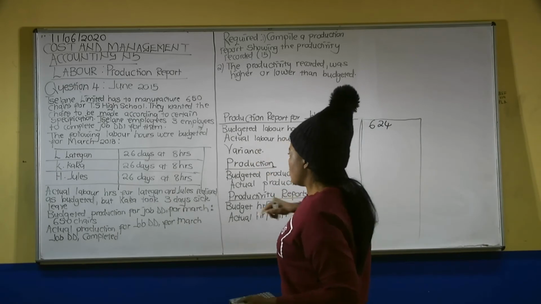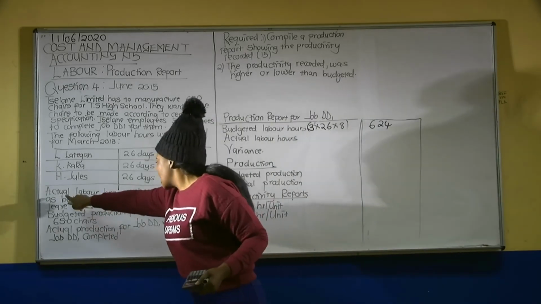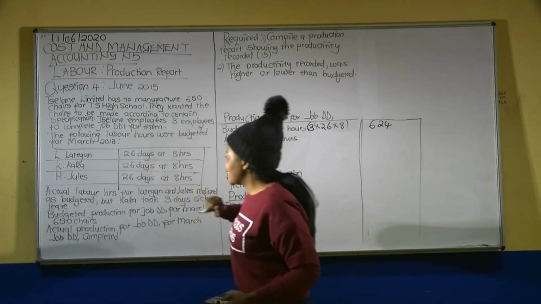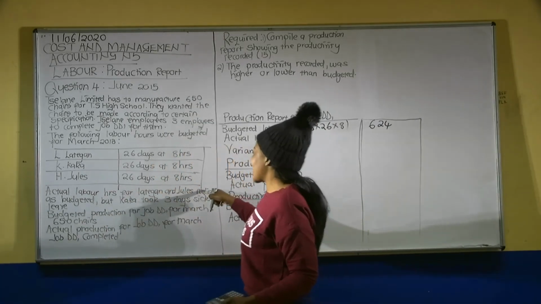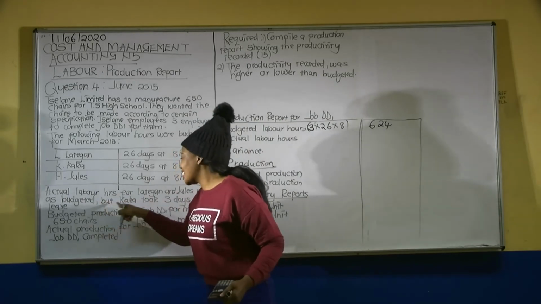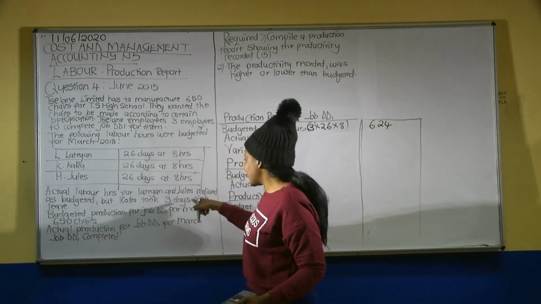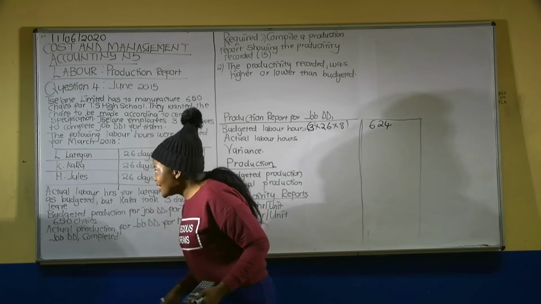Then actual hours. How many are the actual hours? You find out in this transaction, where it reads that actual labor hours for Latejin and Jules were realized as budgeted, but K Kaka took 3 days sick leave.